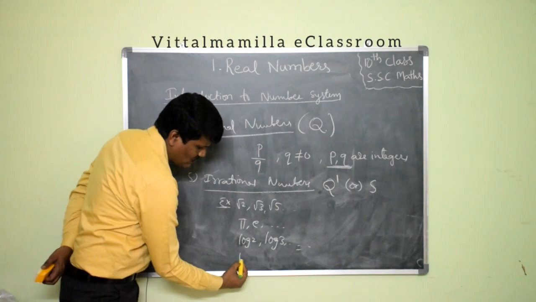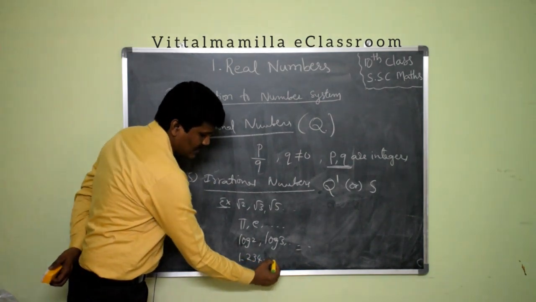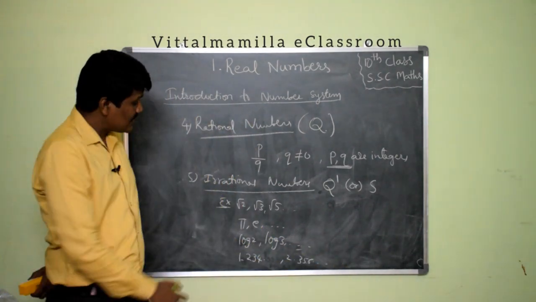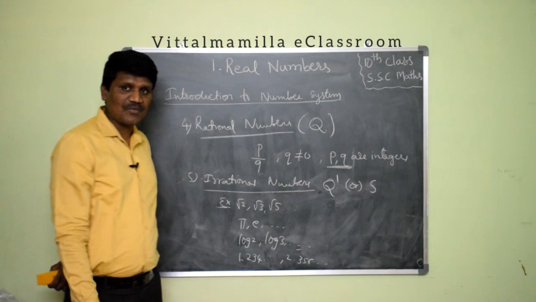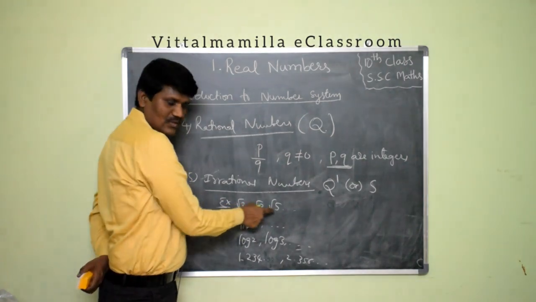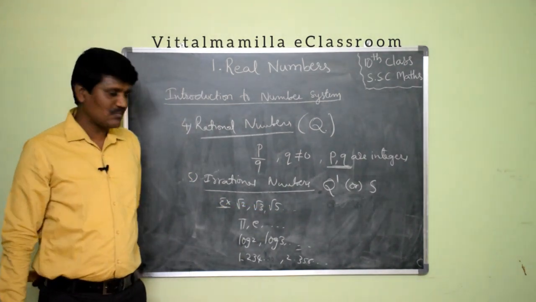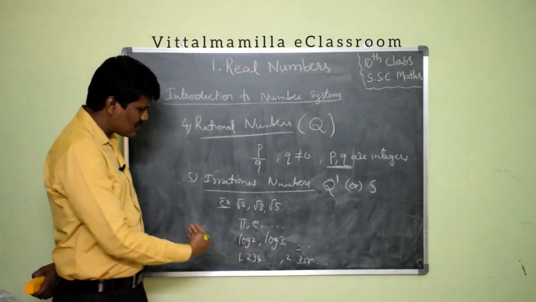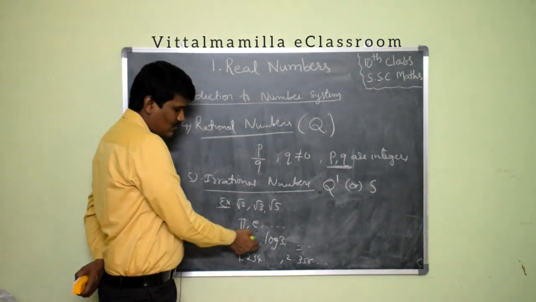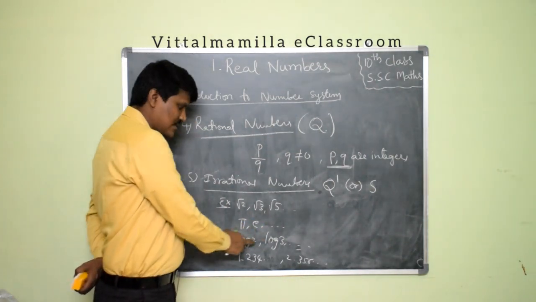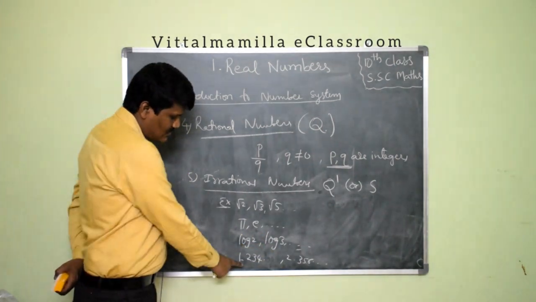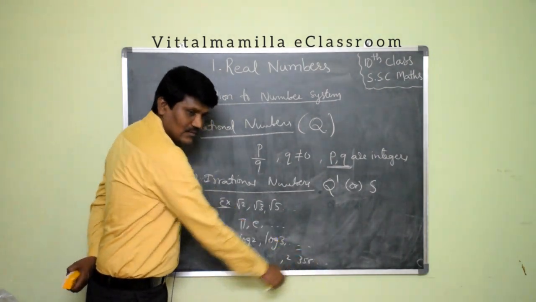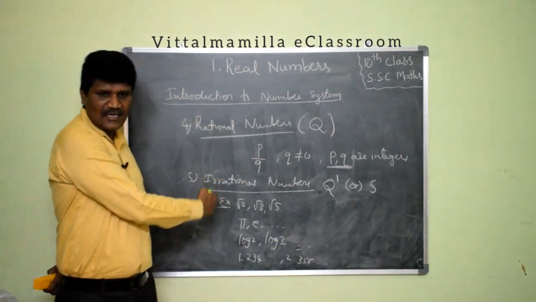And next in the decimals, 1.234 dot dot dot and 2.356 dot dot dot are different types of irrational numbers. The first is the roots, the second is pi and e, and the third is logarithms, which we will discuss later. And non-terminating, non-repeating decimals like 1.234 dot dot dot are all called irrational numbers.